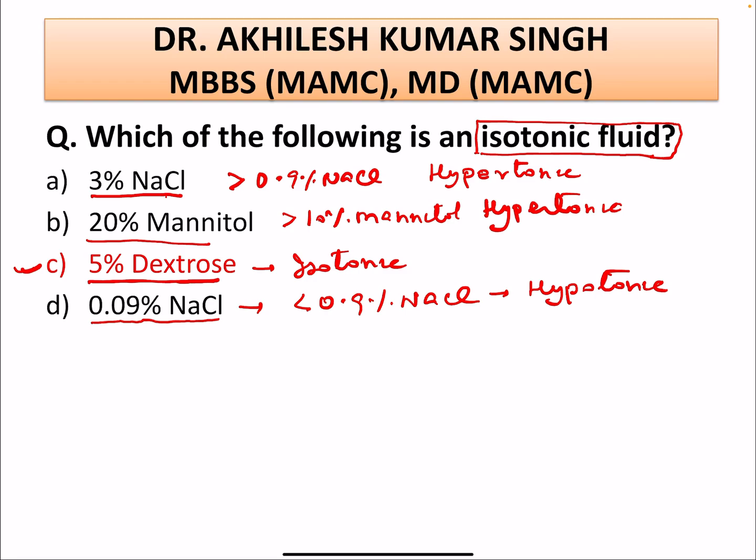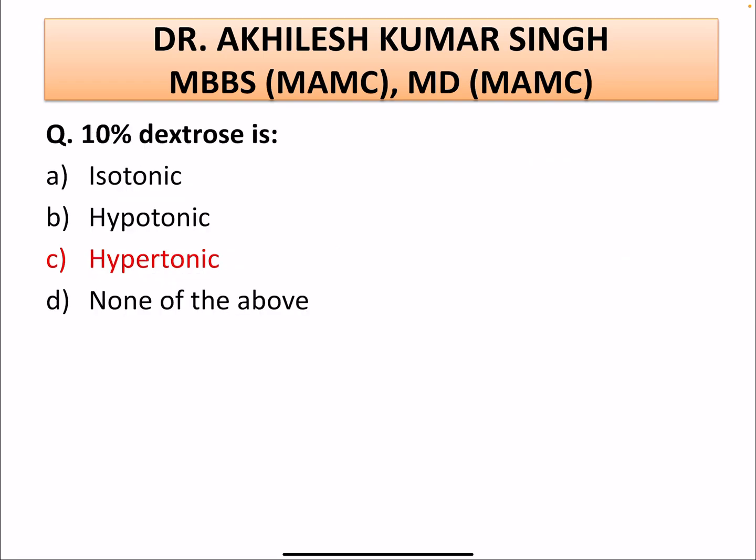Now let us look at another question. Another question is, 10% dextrose is. I have told in the previous question that 5% dextrose is isotonic. So here it is given as 10% dextrose.